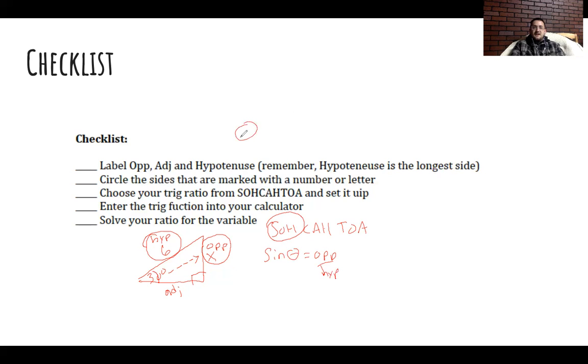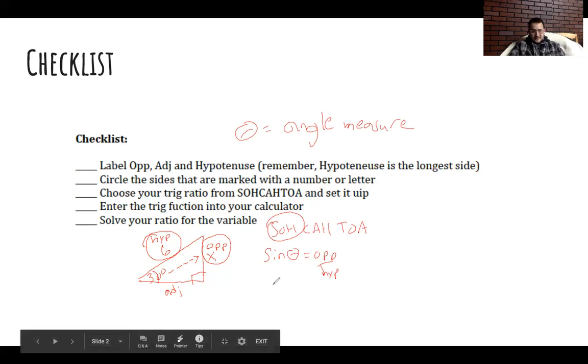And theta just means angle measure. It is a Greek letter. A little classical education for you. And then I'm just going to put in how many degrees that is. So I'm going to put sine of 30 equals X over 6.